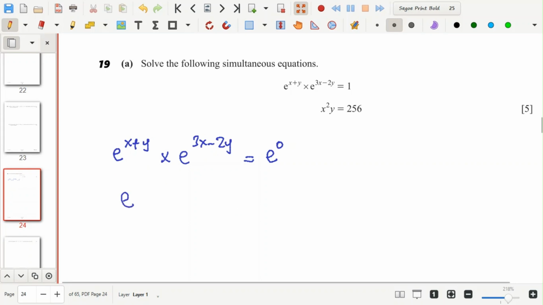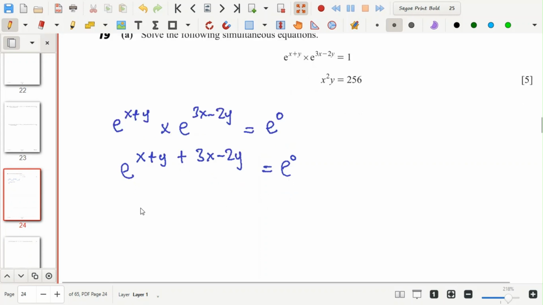this is the same as, when your bases are multiplying, you add the powers. So this is the same as x plus 3x is 4x, y minus 2y is negative y.